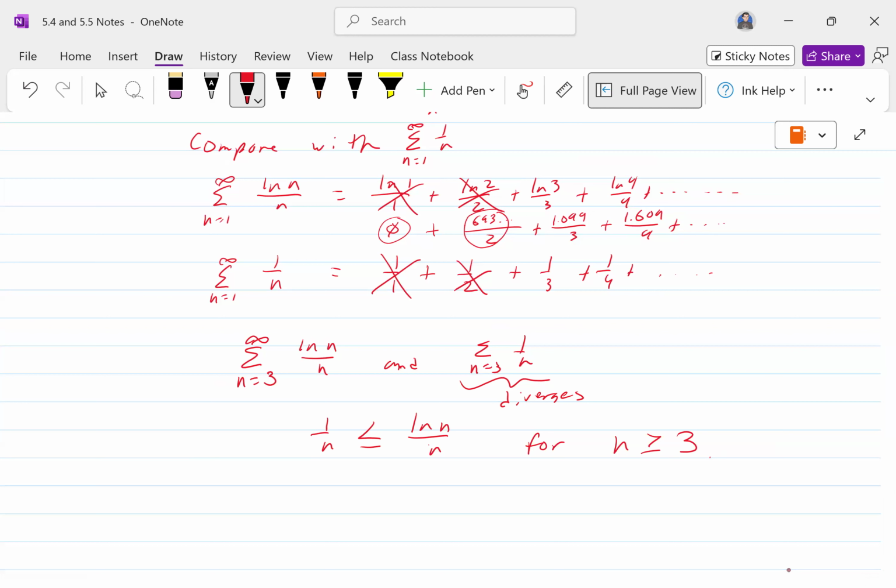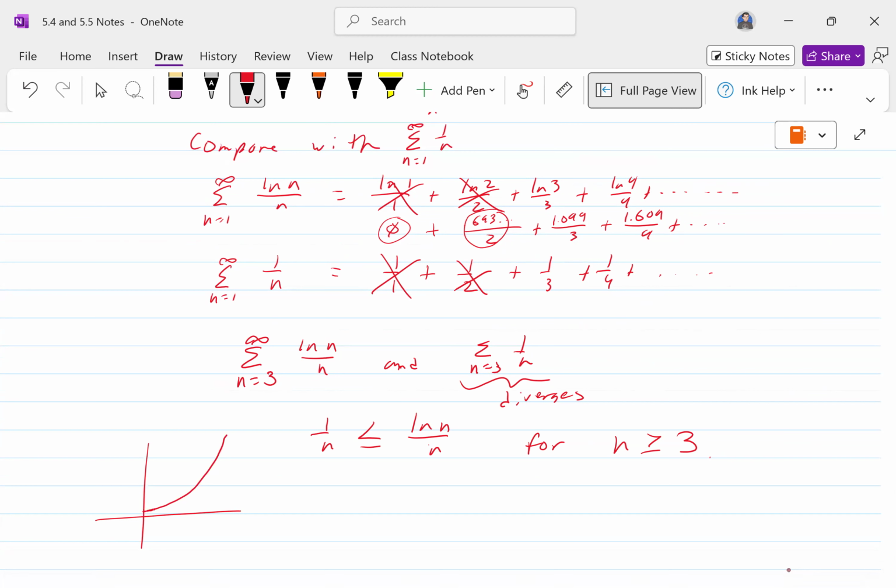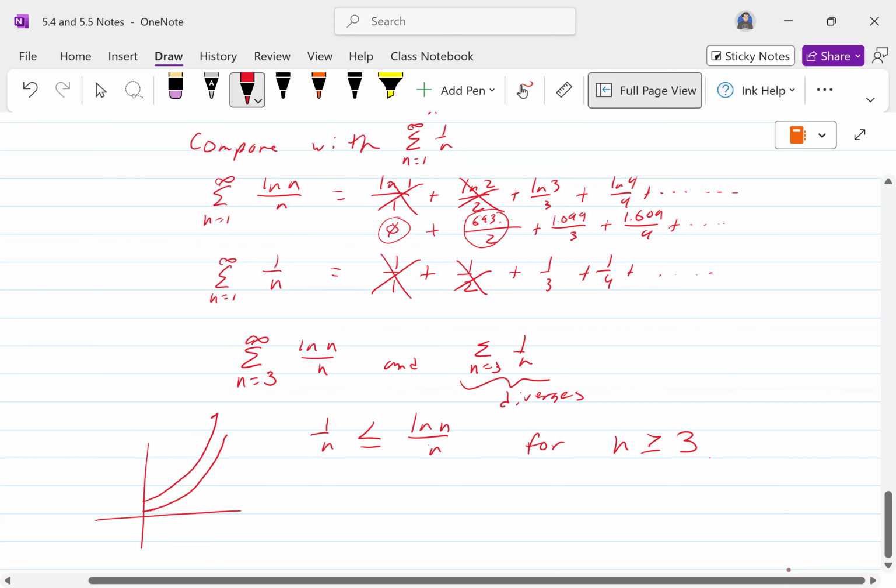Since natural log of n over n is bigger than a known divergent series, remember, 1 over n diverges, and natural log of n over n is always bigger than it. The thing here, though, is that instead of starting at 1, we're starting at 3.